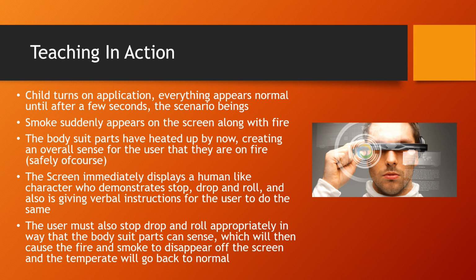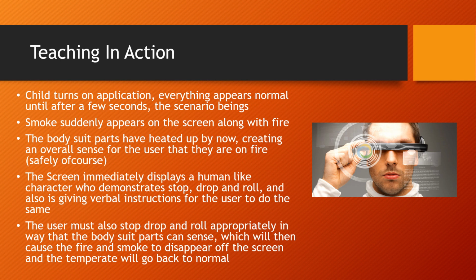They see smoke start to get more and more apparent, and then flames start to pop up. Right as that's happening, the bodysuit would start heating up to make them feel like they're actually on fire, to a safe degree of temperature. Of course, nothing super hot that would really hurt their skin, but you get what I mean.